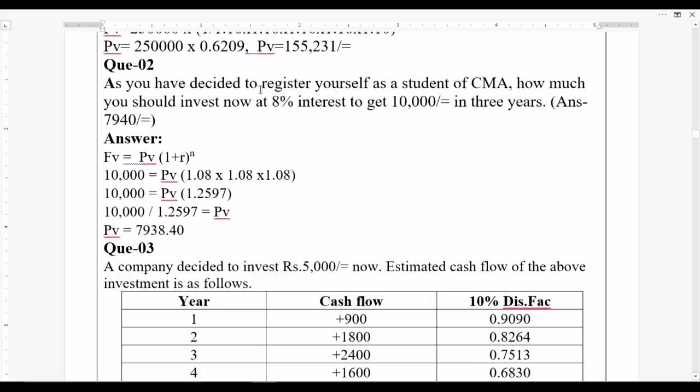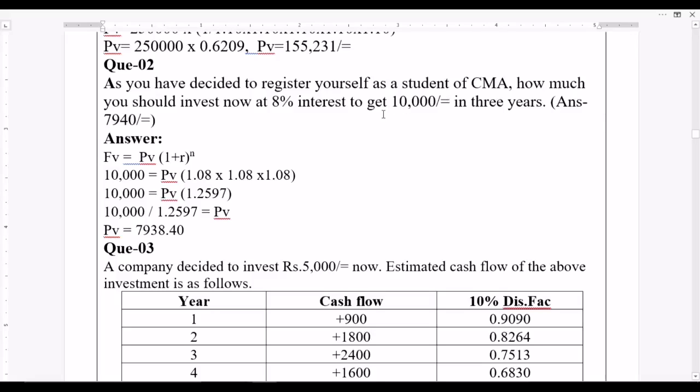Right. Now we shall discuss another example. As you have decided to register yourself as a student of CMA, how much should you invest now at 8% interest to get 10,000 in 3 years? That means in the future, in 3 years, you are going to register yourself as a student of CMA.